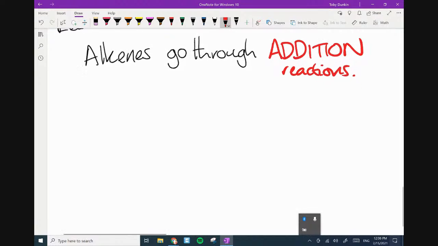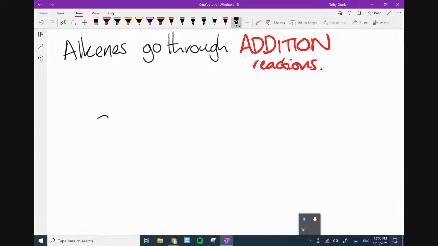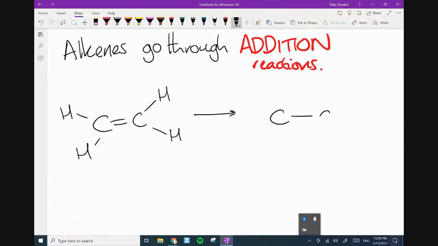Alkenes have got this carbon-carbon double bond, and if I just do the H's on the end of it, go back to good old ethene, we know that we can break that double bond. We can break it, and each carbon will be able to join to new objects. Does that make sense? So we can add to them.